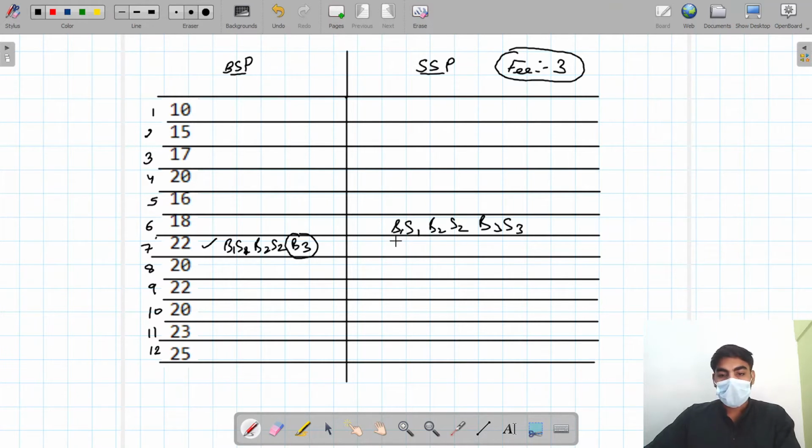So in the selling state profit, we find the maximum profit when we have an equal number of buys and sells, like there is no extra stock. Here in the buying state there is one extra stock, while here you don't have any extra stock.